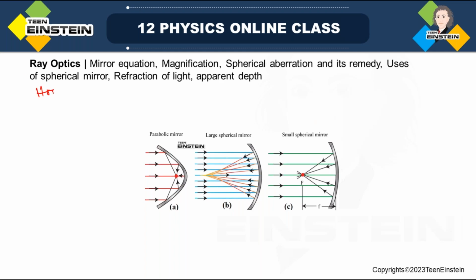So the question is how to get rid of the spherical aberration?